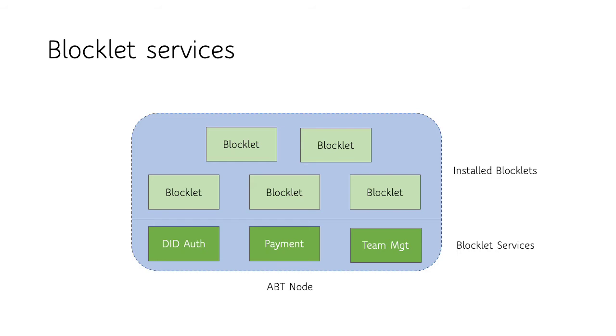Similarly, the team management, the user notification, the messaging, they are all very common components. We create a set of this kind of reusable blocklet and include them in the ABT node. We call them Blocklet services. Essentially, Blocklet services are common blocklet components that are available across the system by default.